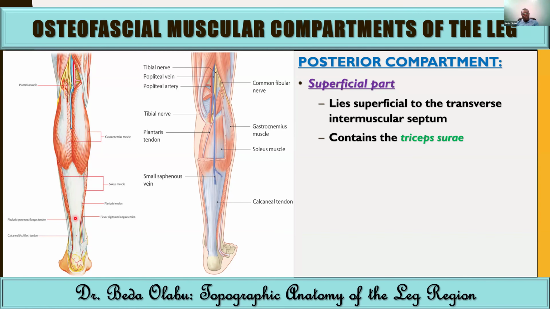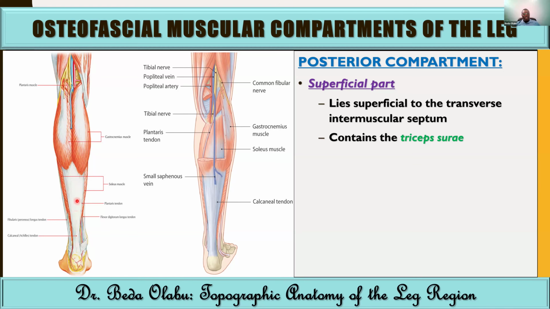So the nutrients will either come from below, upwards, from calcaneus, or from the muscle attachment downwards. Look at that as two streams of blood coming, one from here and another from below.